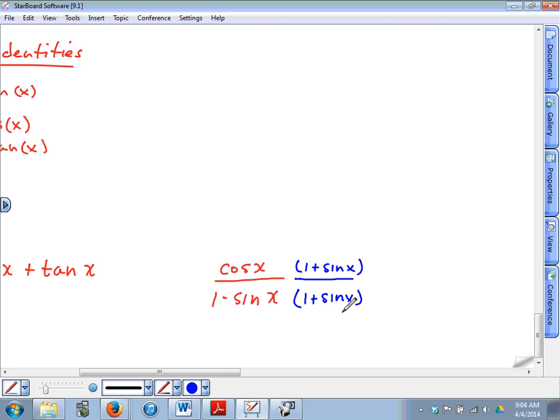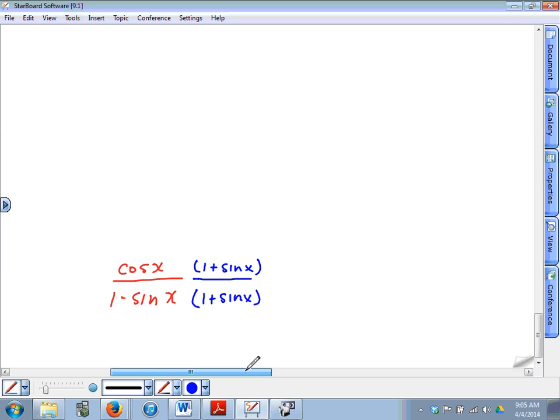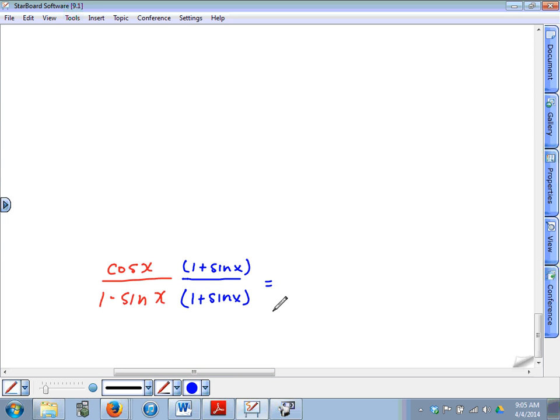It starts with a C. This is the conjugate. 1 minus sine of x. That's something that you just start to recognize. If we had 1 minus sine of x on a denominator, we could multiply the top and bottom by the conjugate. Why is that? Let's take a look at what happens when you multiply the top and bottom by the conjugate.